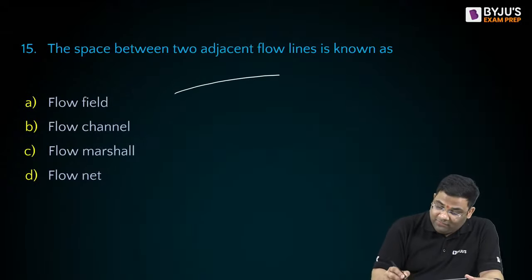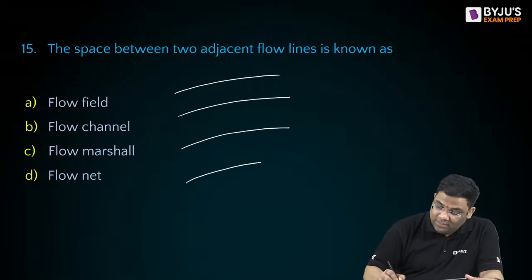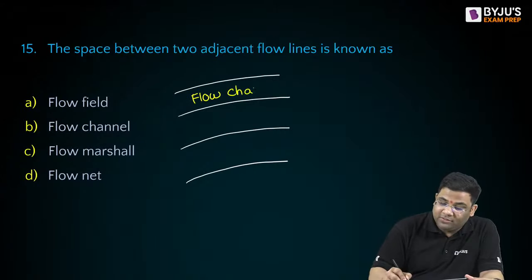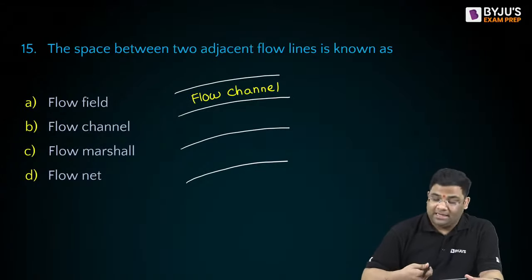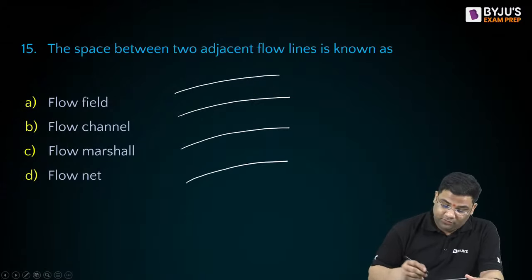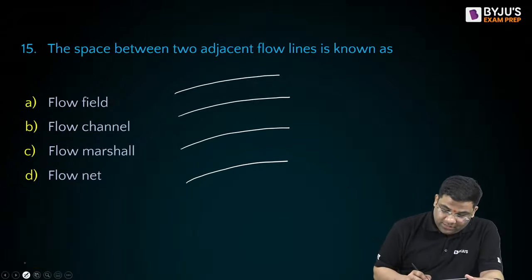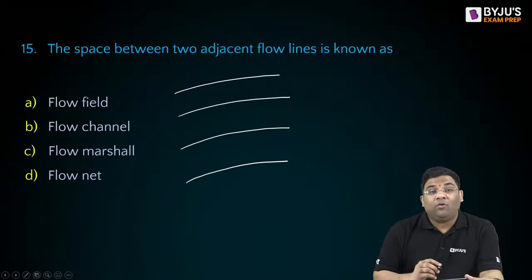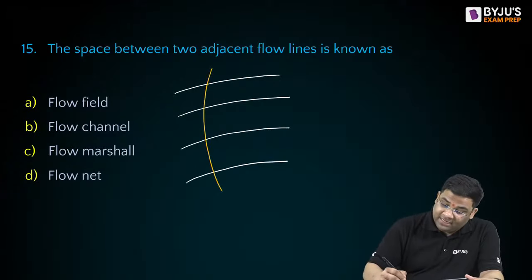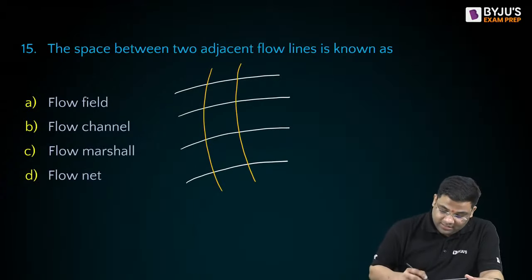You see, these are the flow lines, right? So, the space between two adjacent flow lines, this is known as what? A flow channel. So, there will be multiple flow channels like this. Now, if I ask you, the space between two adjacent flow lines and two adjacent equipotential lines, means this one.